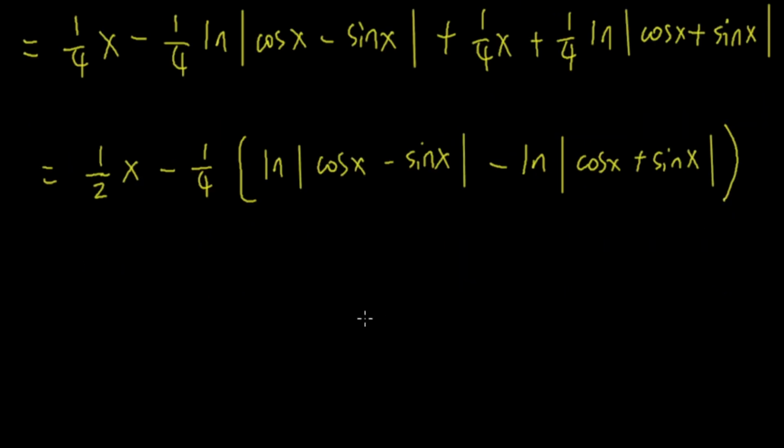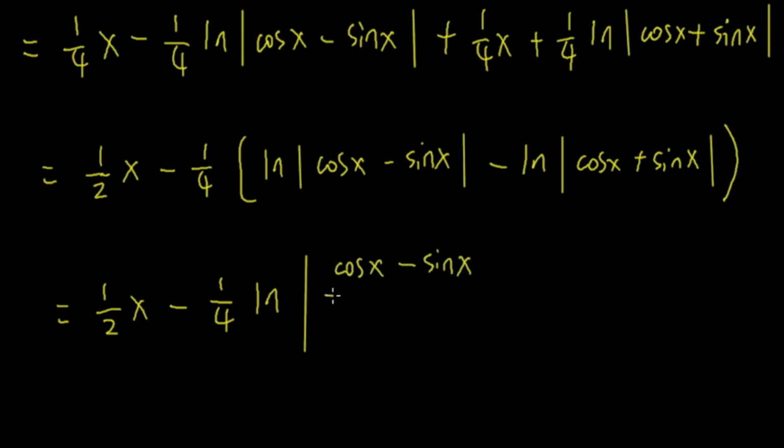Now, here, applying the property of natural log, we can rewrite this as 1 over 2 x minus 1 over 4 ln of cosine x minus sine x divided by cosine x plus sine x.